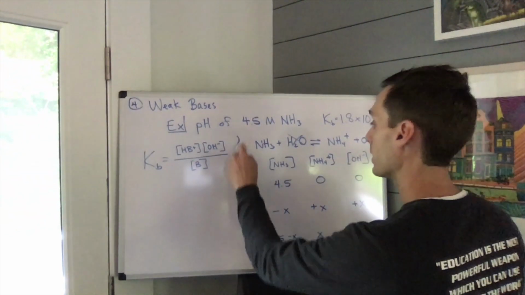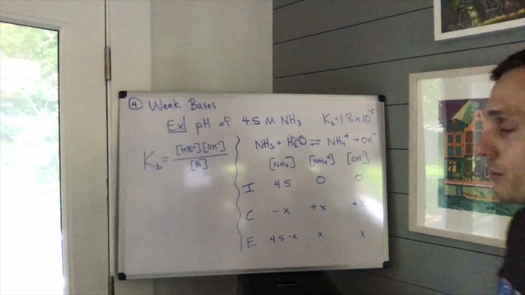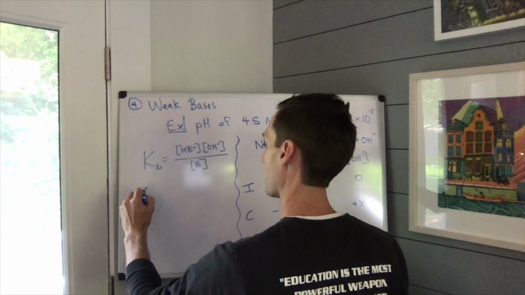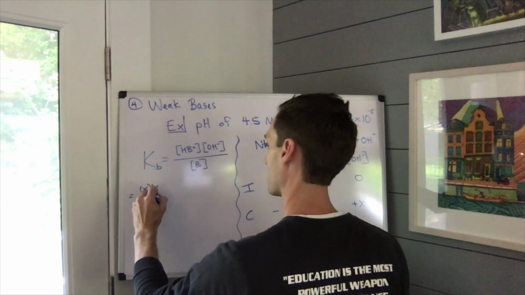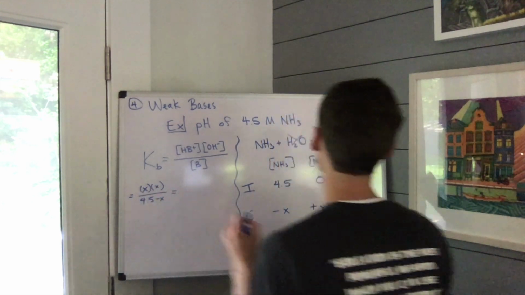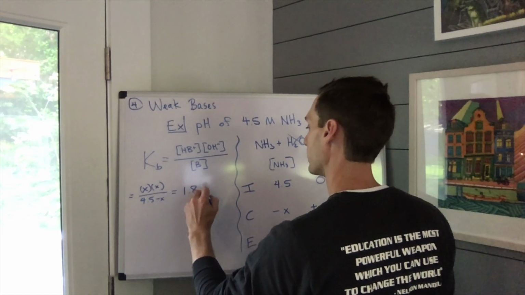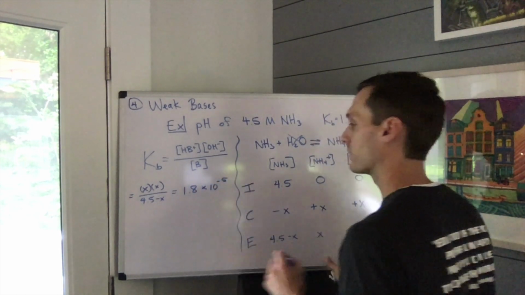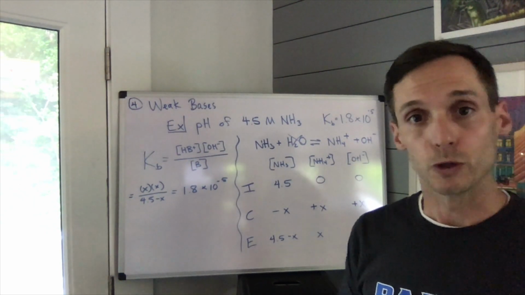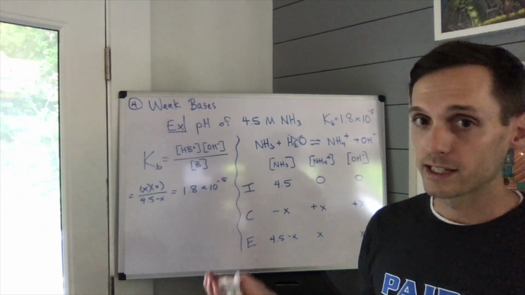Then we can come over here, plug it into our Kb equation, which will end up being X times X over 4.5 minus X equals 1.8 times 10 to the negative fifth. Again, the amount of base that we lose to protonation is going to be very tiny.